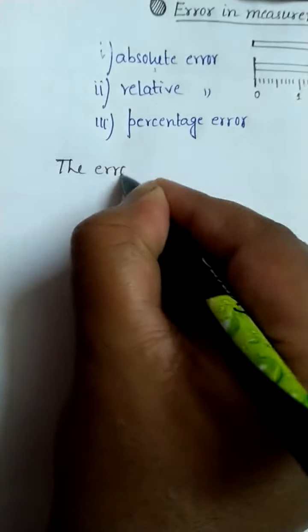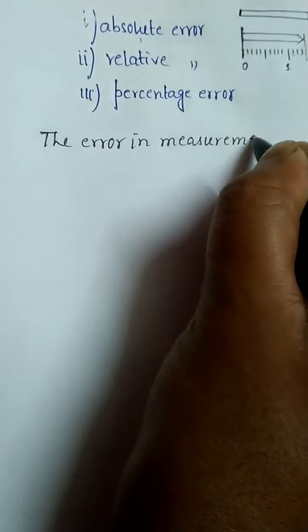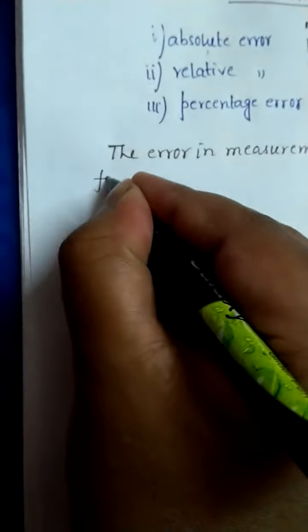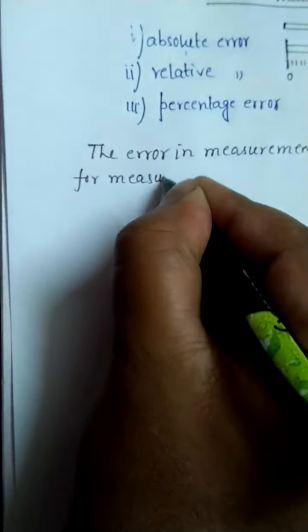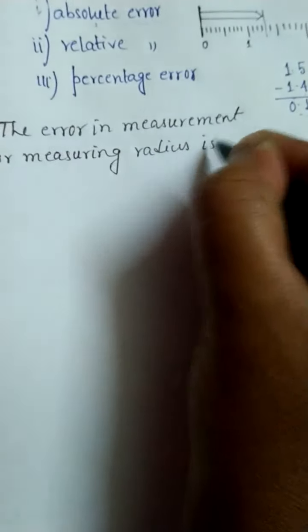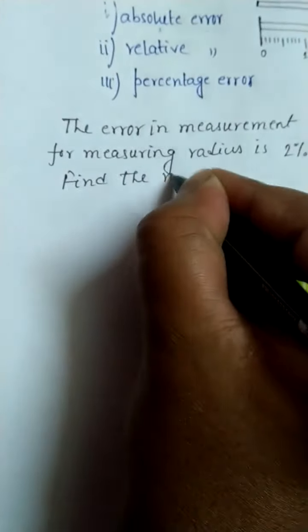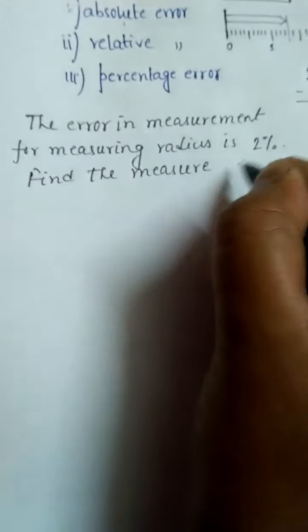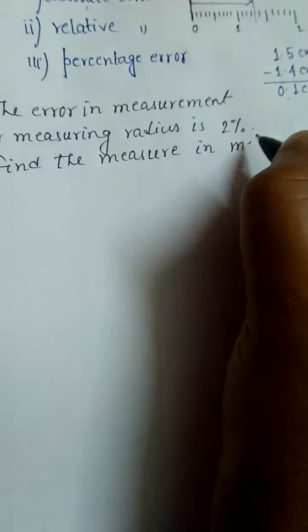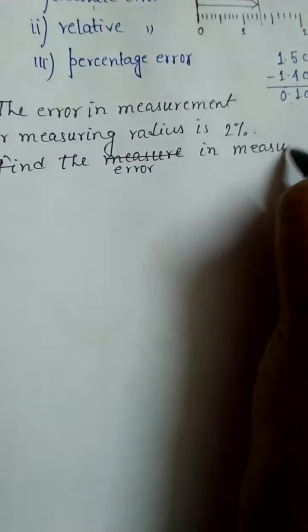Suppose it is given that the error in measurement for measuring the radius is 2%. Find the error in measuring its volume.